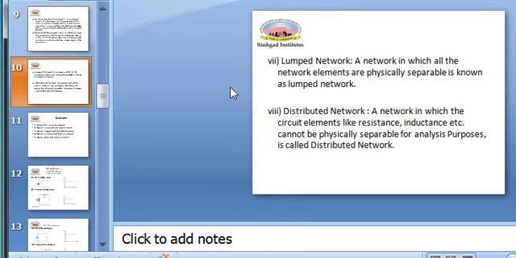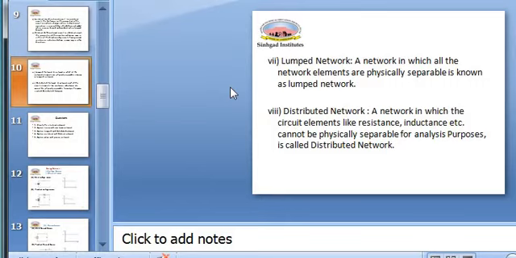In the reverse, what is a distributed network? A network in which circuit elements like resistance, inductance, etc. cannot be physically separated for analysis purposes is called a distributed network. What is an example of a distributed network? The example is a transmission line.